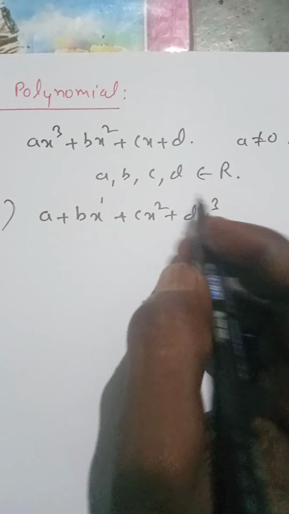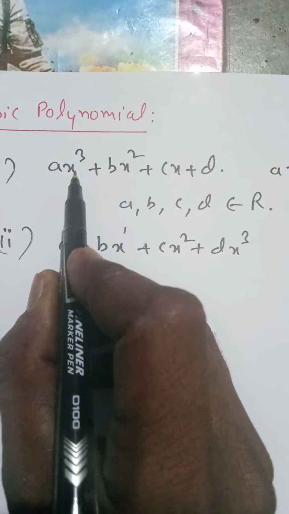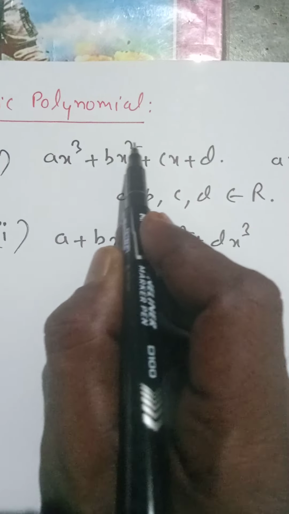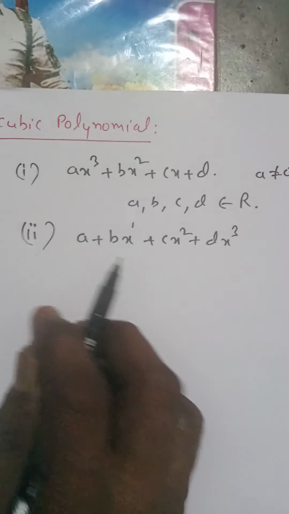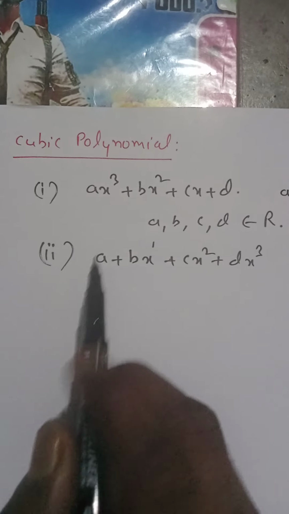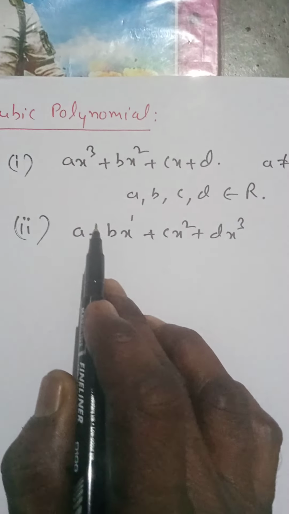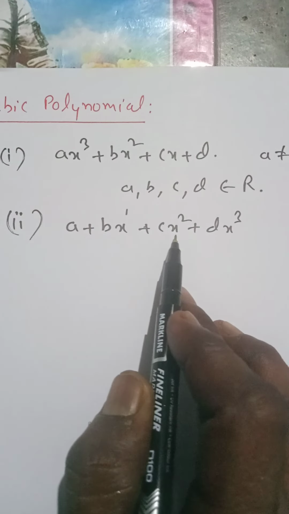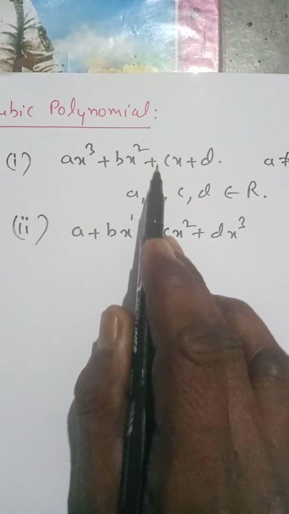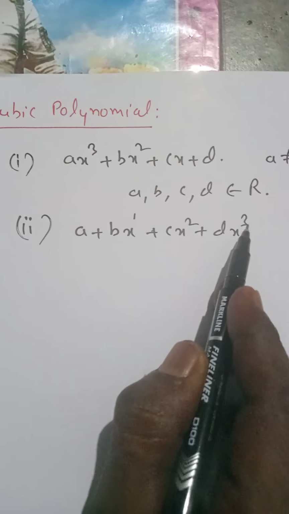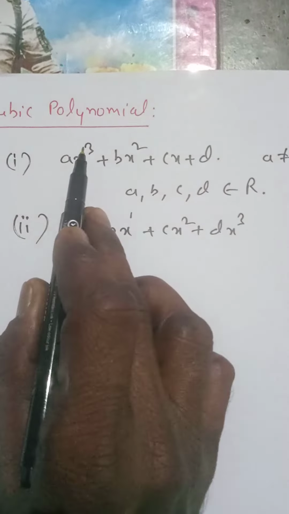In the previous standard form ax cube plus bx square plus cx plus d, the powers of x are in decreasing order. So whatever the order, whether the terms are in decreasing order or increasing order with respect to x, both are cubic polynomials since the highest degree of both of them is 3.